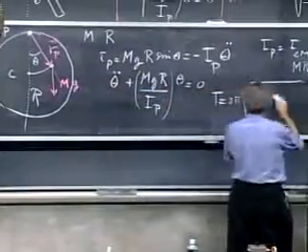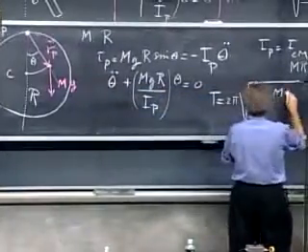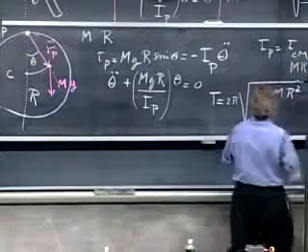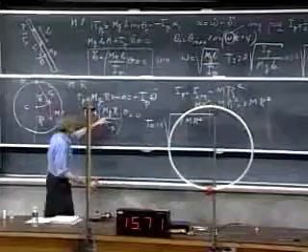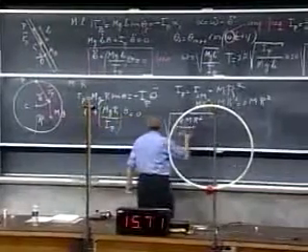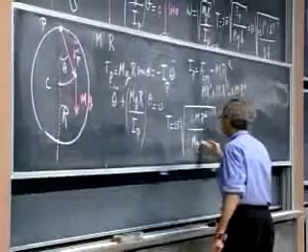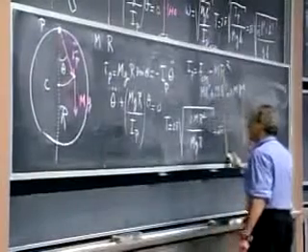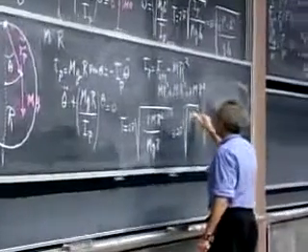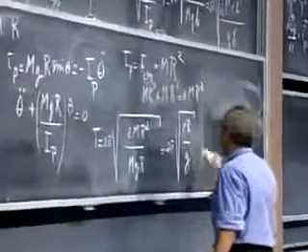But IP is 2mr squared. And that is 2 pi times the square root of 2r over g.